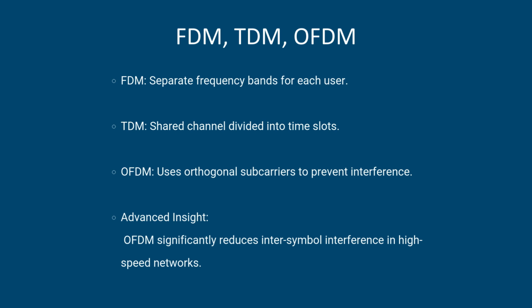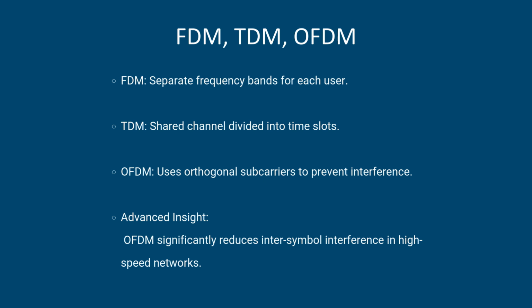In frequency division multiplexing, each user is assigned a separate frequency band. In time division multiplexing, users share the same channel but transmit in different time slots. In orthogonal frequency division multiplexing, the available bandwidth is divided into many orthogonal subcarriers.